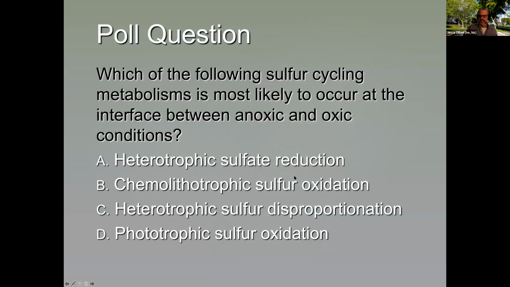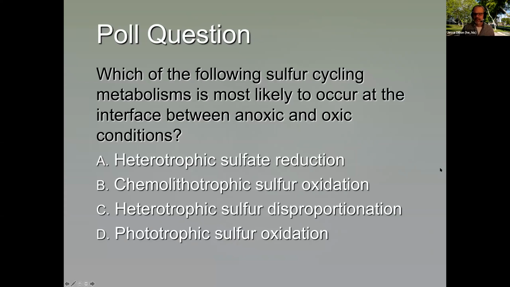All right, so let's have our first poll question. Which of the following sulfur cycling metabolisms is most likely to occur at the interface between anoxic or anaerobic and oxic conditions? Would it be heterotrophic sulfate reduction, chemolithotrophic sulfur oxidation, heterotrophic sulfur disproportionation, or phototrophic sulfur oxidation?